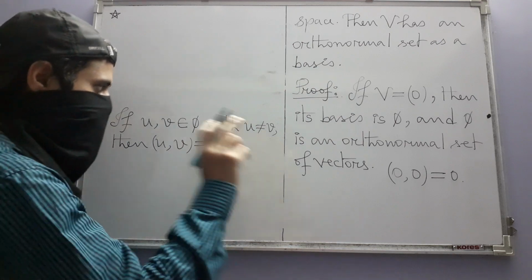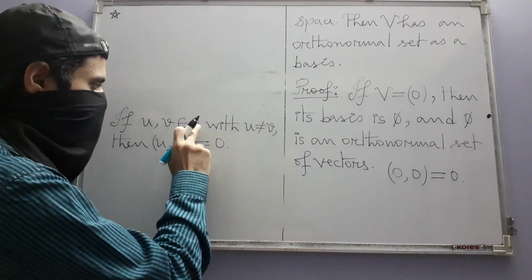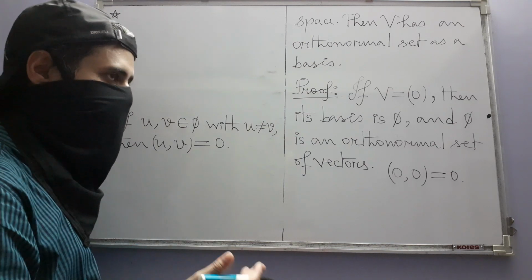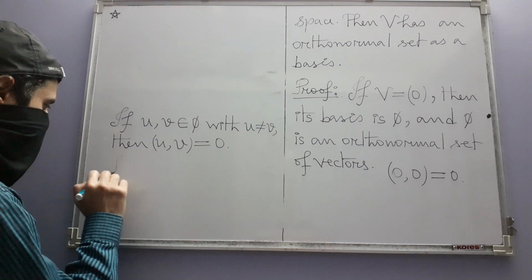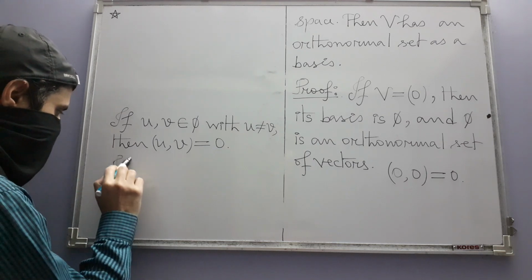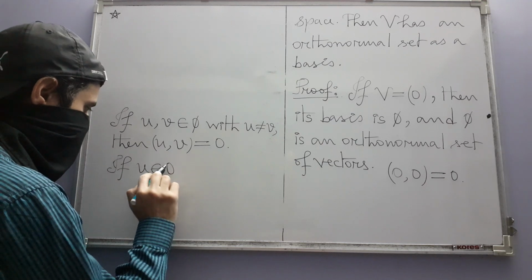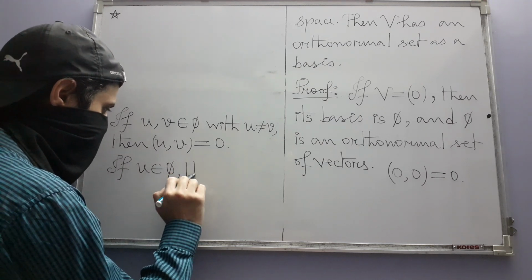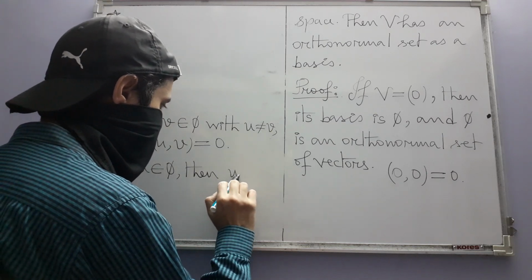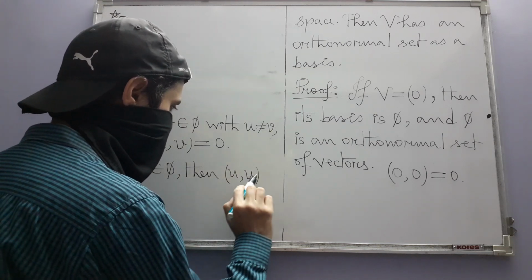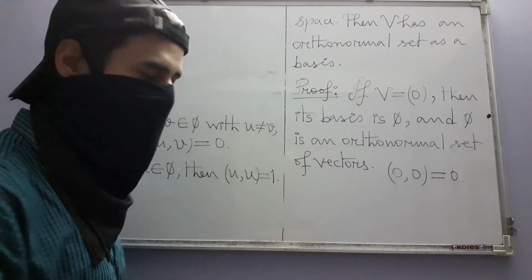If this condition is true for all u and v in the empty set, then the empty set is an orthogonal set of vectors. And for normality, you just similarly have that other thing. If u belongs to the empty set, then its length is 1, which itself is equivalent to the inner product of u with itself being 1.